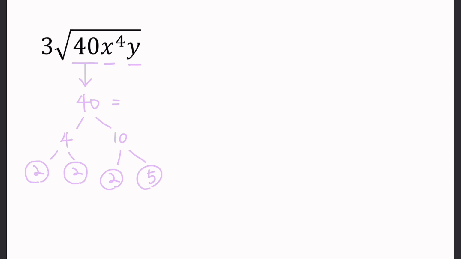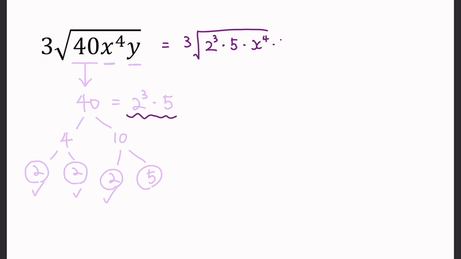So 40 can be expressed as 2 cubed, three 2's, times 5. So let's rewrite the whole thing with our new numbers: 3 square root of 2 cubed times 5 times x to the 4 times y. Now that's going to be our new expression to work with.